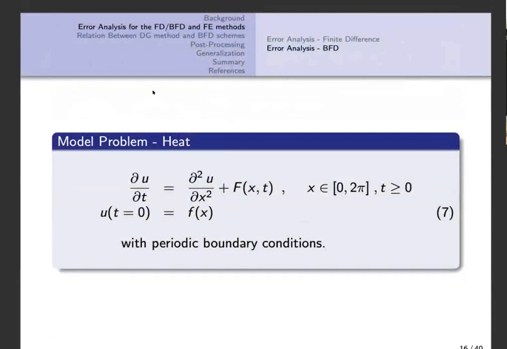So the main problem that we took for the first analysis was the heat problem. Basically, we took it at first with periodic boundary conditions, and then we generalized the analysis to non-periodic boundary conditions, and then to higher dimensions of this problem.